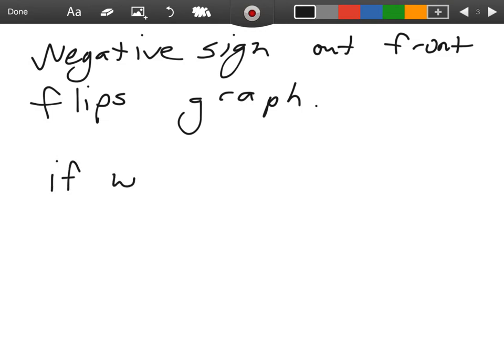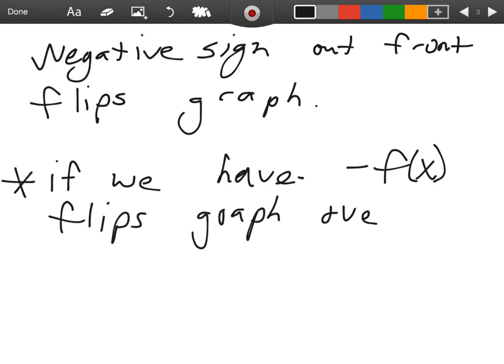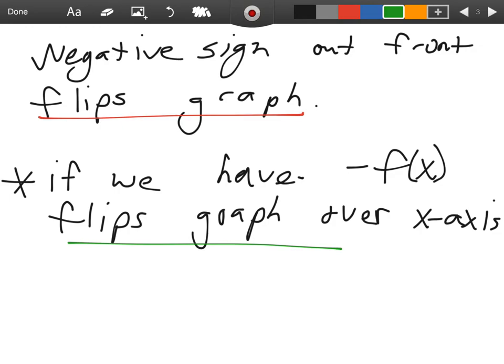If we have negative f of x, this is just a little side note, this flips the graph over the x-axis. Okay, so two ways to think about it. This one just means flips over itself, and this one is flips over the x-axis.